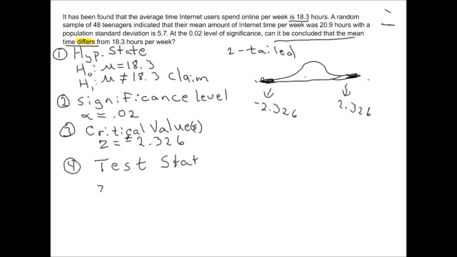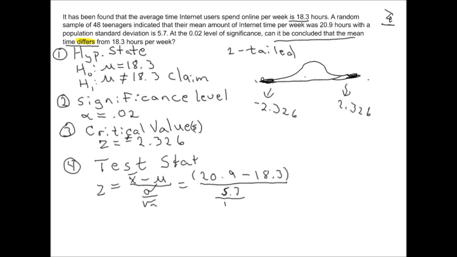Now, this is a z-score, and it is our x bar minus mu over sigma over square root of n. Well, our scores are 20.9 minus 18.3 over sigma 5.7 over square root of 48.